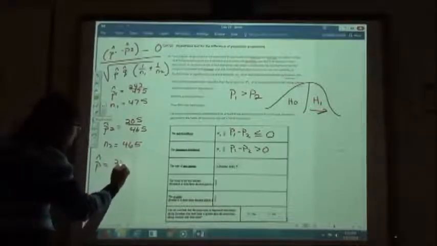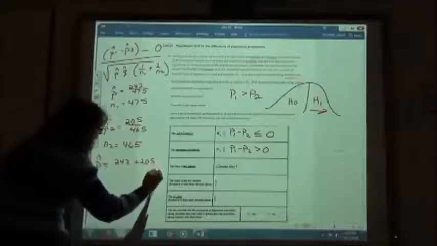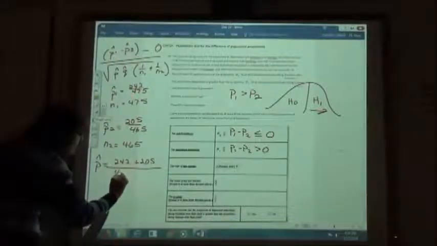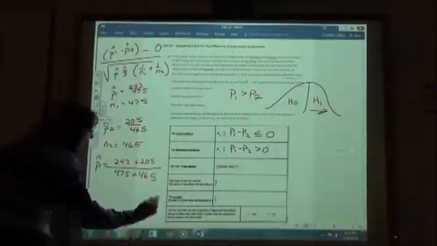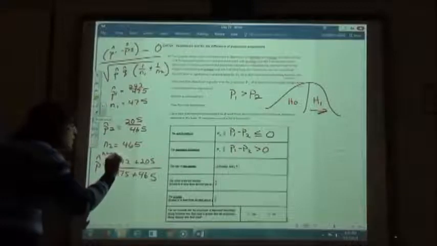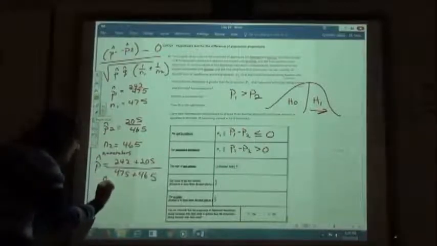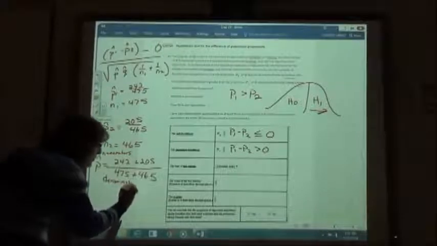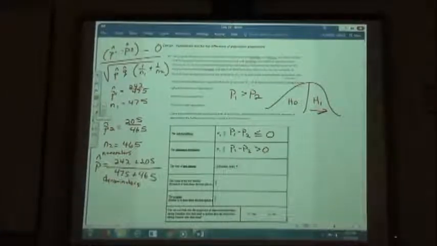So I'm going to take my 242 plus my 205 over my 475 plus my 465. And so, when we calculate P hat, if you take 242 plus 205 over 475 plus 465, you get 0 point what?